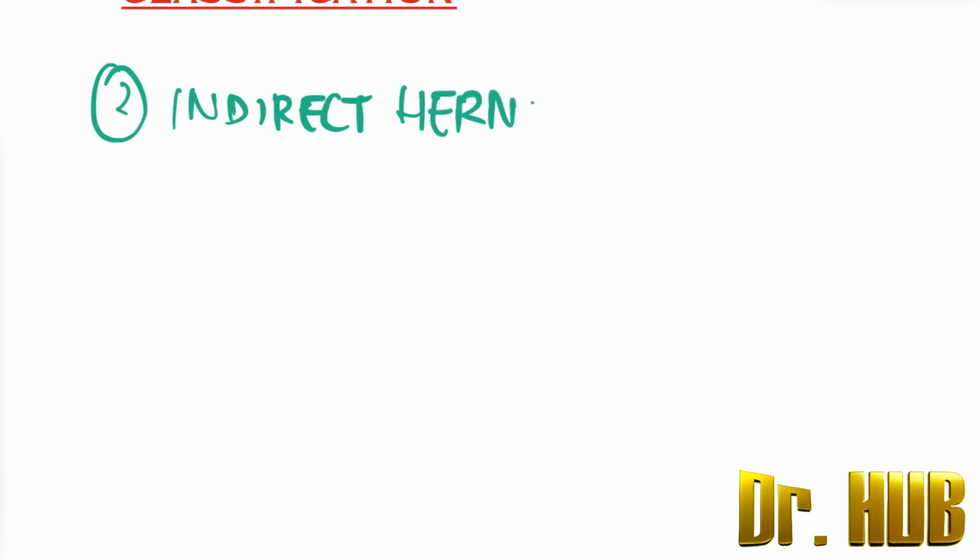Next we move on to type 2. Type 2 is also an indirect hernia, the most common indirect hernia, and there is a peritoneal sac.